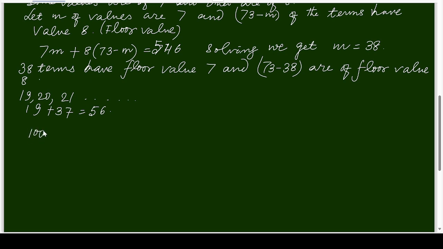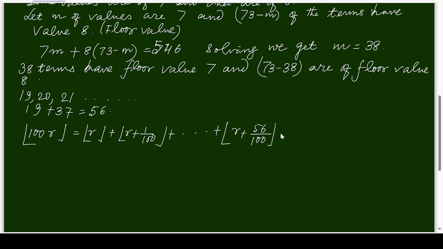So when we go for 100 r, it will be r plus 1 by 100 up to r plus 56 by 100, whose floor is 7.